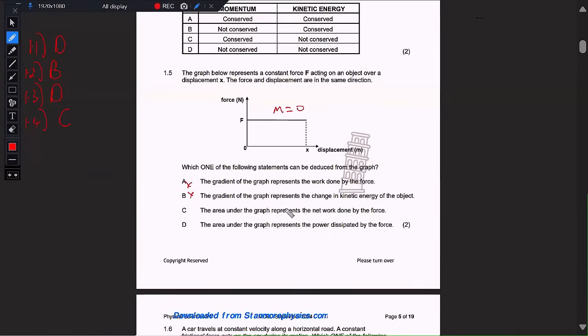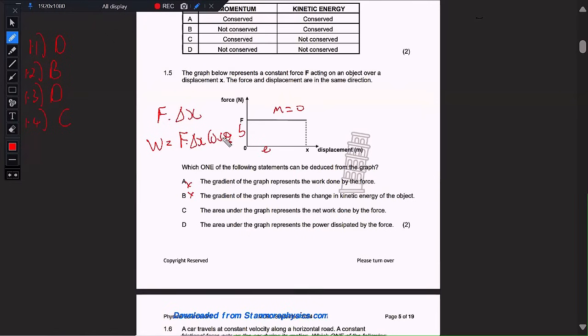Then the area under the graph represents the net work done by the force. Definitely correct. Because if we try to calculate the area here, this is length times breadth, right? So obviously it would be F multiplied by delta x, which, if you are looking for your formula for work done, is F delta x cos theta.